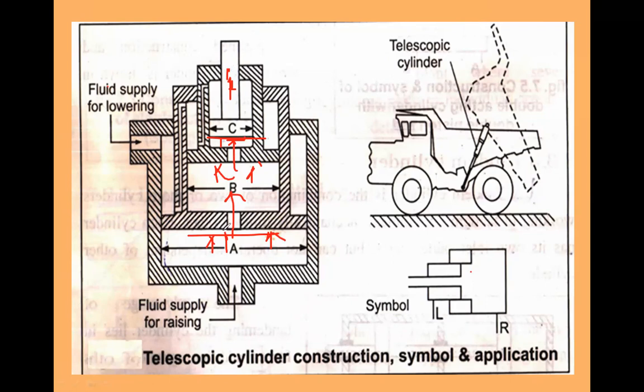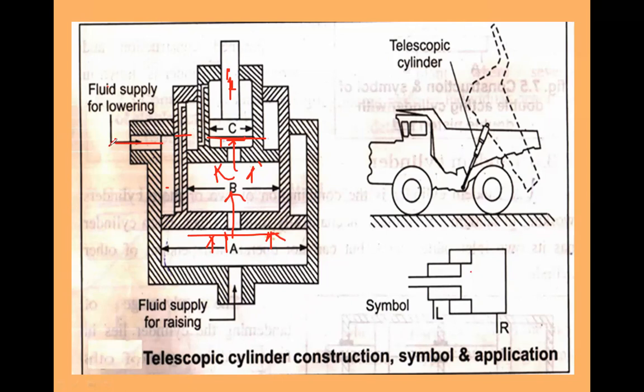So this will happen. Now after lifting in the upward direction, you will get useful work. And if you want to take it down, that time your fluid will come outside through this C port, then from B, and you can take it outside from this fluid supply for lowering port.